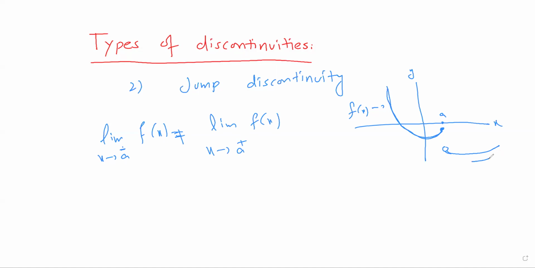If we approach from the positive side, the function approaches this value. If we approach from the negative side, the function approaches this value. That's why it is called jump discontinuity. When the limiting values are not equal, we say this type of discontinuity is called jump discontinuity.